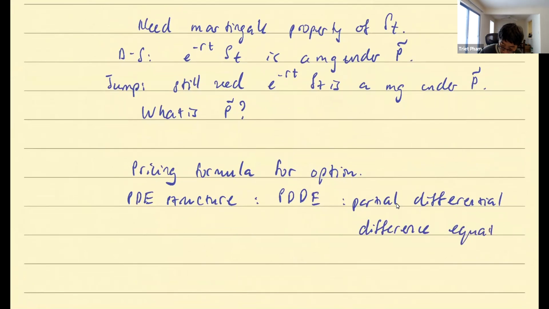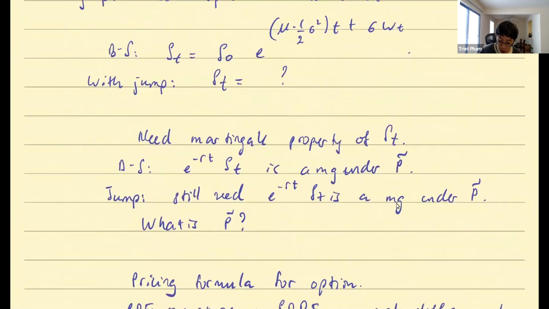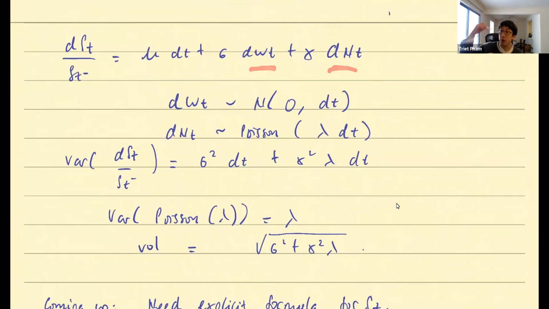It's really two different terms. The differential refers to the Brownian motion structure. And the difference refers to the structure of the Poisson because it's discrete. So it cannot be a differential equation, but it's a difference equation.